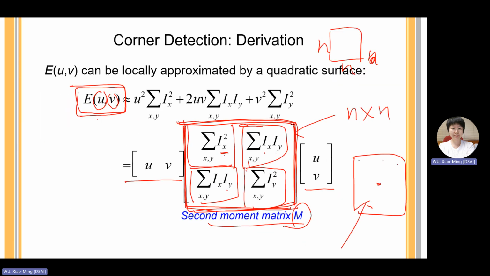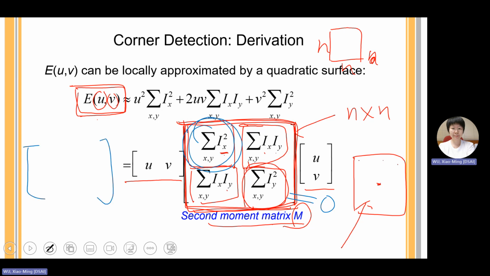Then we know this one is 0. This one is 0, correct? Then what about this? This is non-zero because there are some points with non-zero x derivatives. So this one is non-zero. Okay, so what we have is some value which is non-zero, but there's a 0 here.